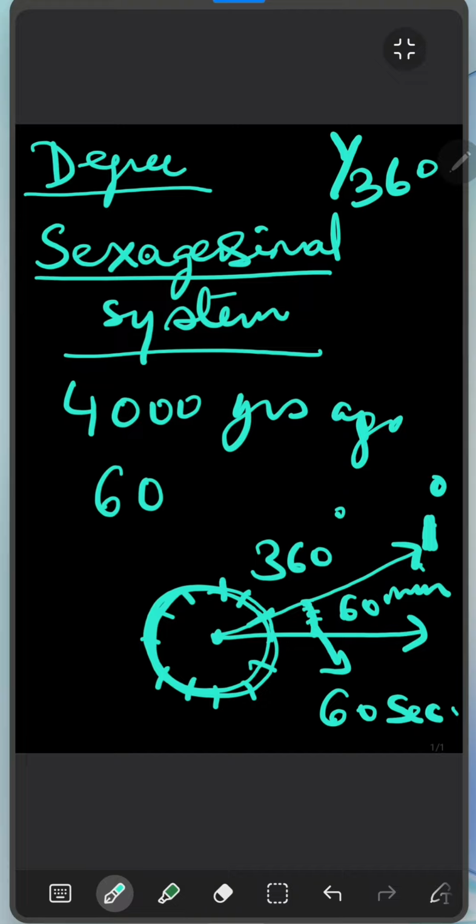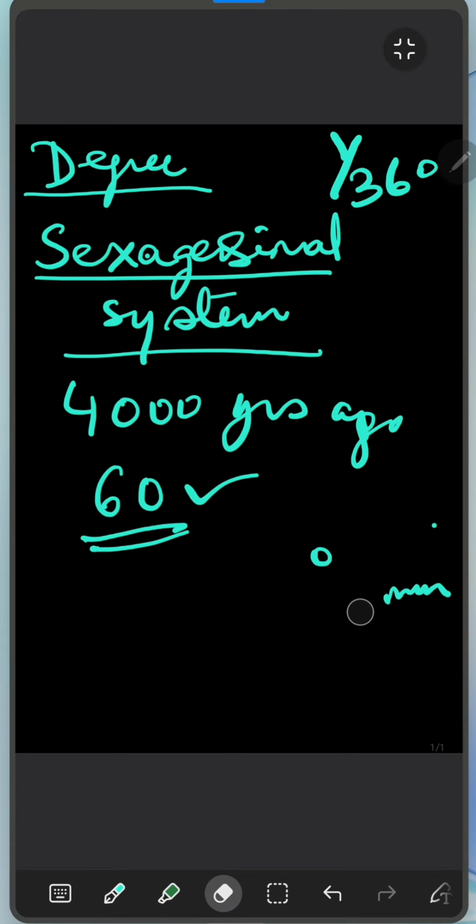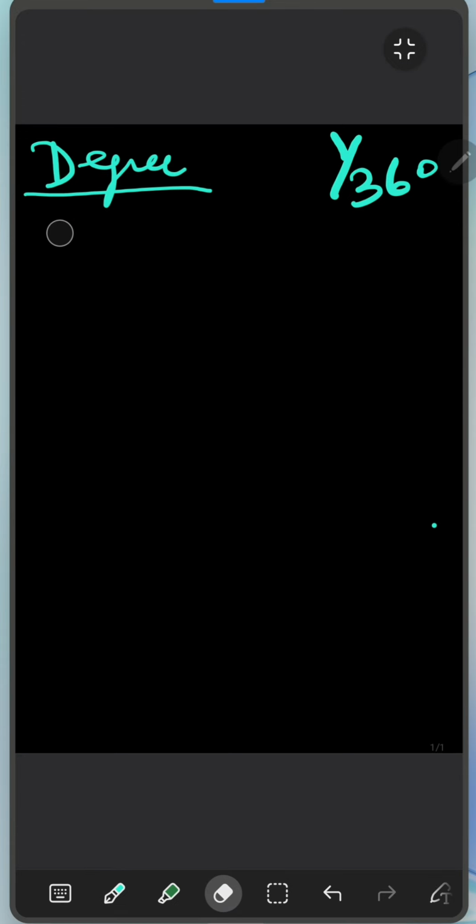Okay. Why had they used this 60 as a base? Because 60 has many factors. Okay. 60 has so many factors which make the calculation easier. Got it? So they used 60 as base because it is easier for the calculations.